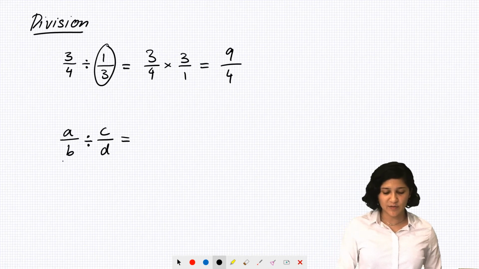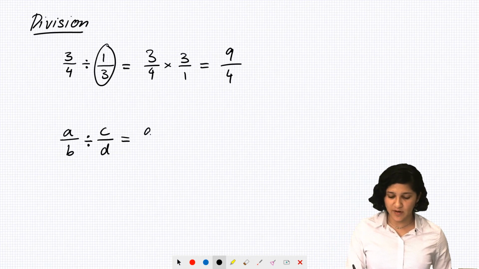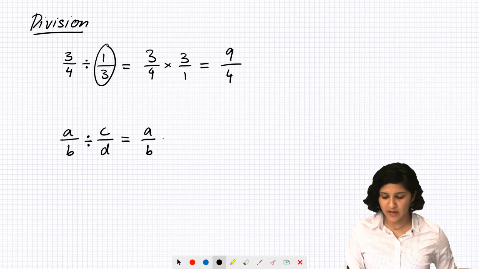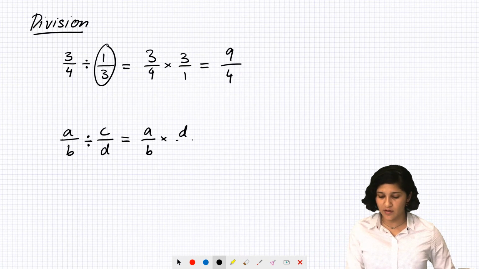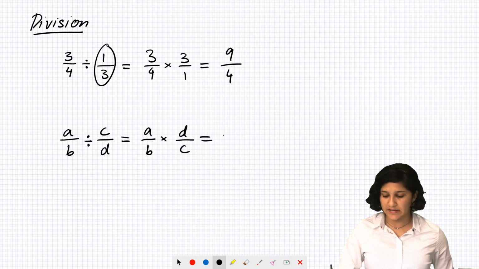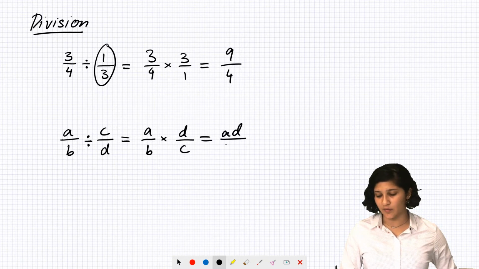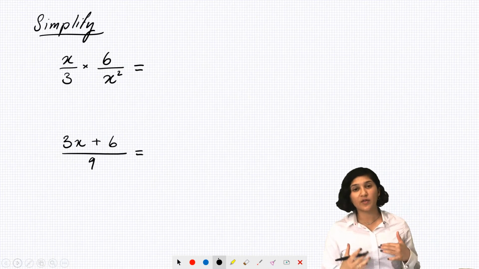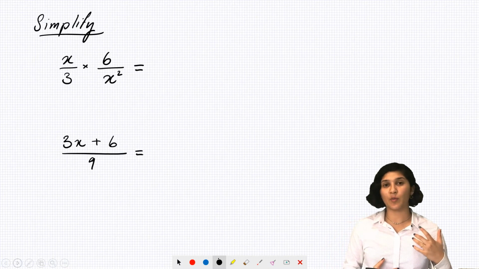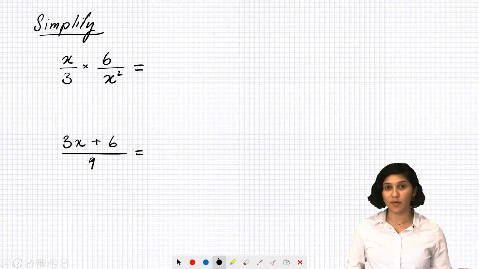For this one, again, we keep the first fraction the same, multiplied by the reciprocal. So I turn this one over, and that just becomes AD over BC. Easy, right?